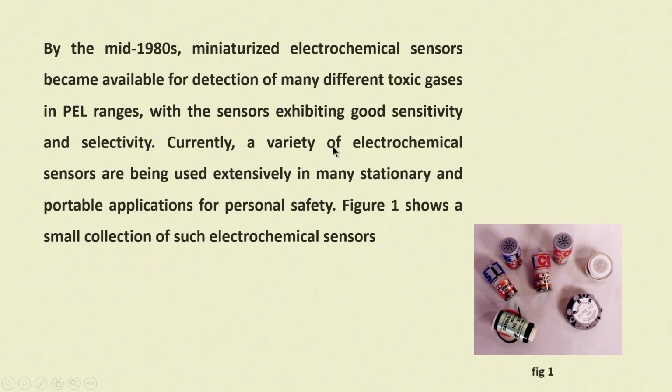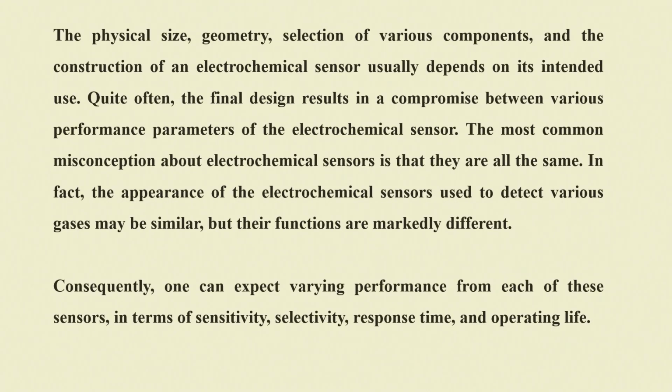Currently, a variety of electrochemical sensors are being used extensively in many stationary and portable applications for personal safety. You can even carry a sensor in your pocket, and you can carry many sensors on your body. For example, I am carrying a microphone here, but you can see my pen here.